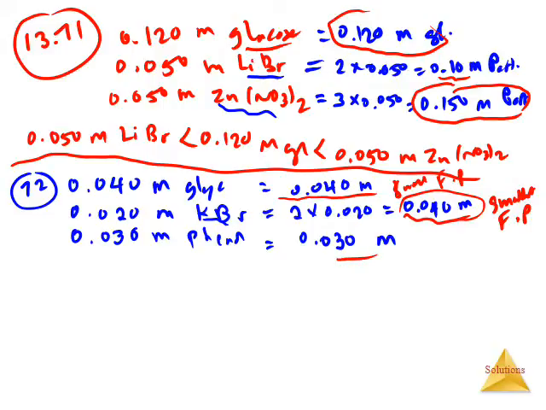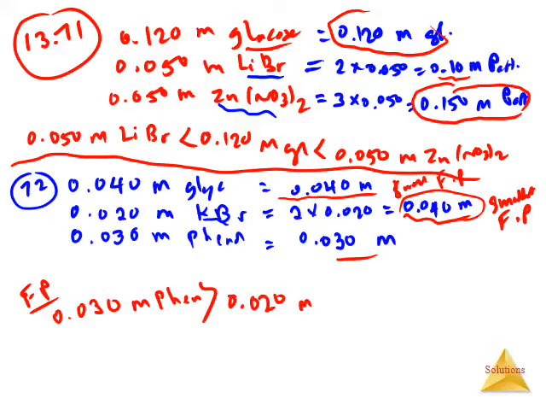So I'm going to write down that the freezing point order would be 0.030 molal phenol greater than 0.020 molal KBr, which is equal to, I'm sorry, it's not, because those two numbers are the same, 0.040, equal to 0.040 molal glycerin.